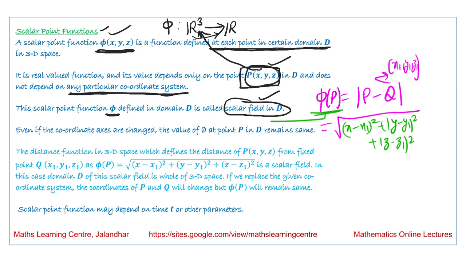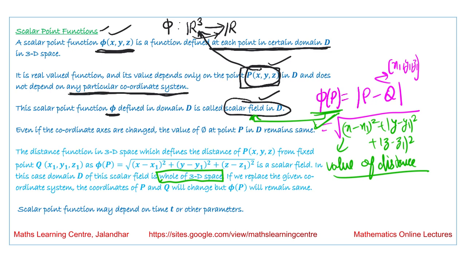So phi is a scalar field, and in this case the domain D is the whole three-dimensional space. Now if we replace the coordinate systems, the formula might change, but the value of the distance will not change.